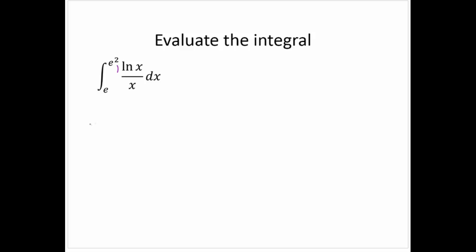So what if I let u equal the natural log of x? If u is the natural log of x, then du is 1 over x dx. And I see that 1 over x dx. And so then I can rewrite this as an integral of u du.